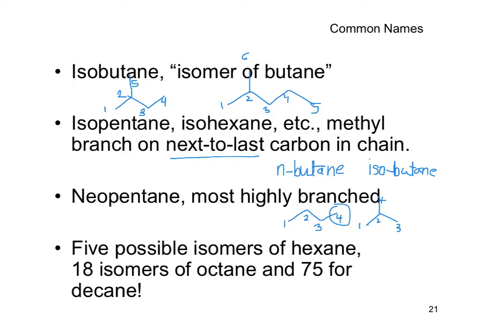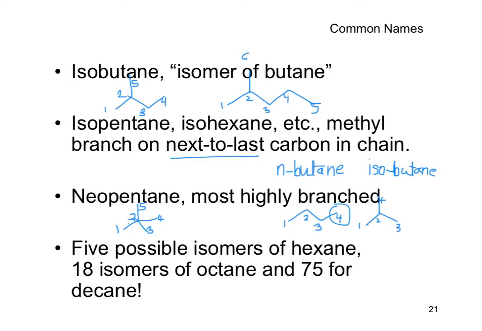Now, as organic chemistry grew and more and more compounds were discovered, they came up with neopentane, for example, which was a 5-carbon chain, and it's the most highly branched structure, which does contain a quaternary center too.